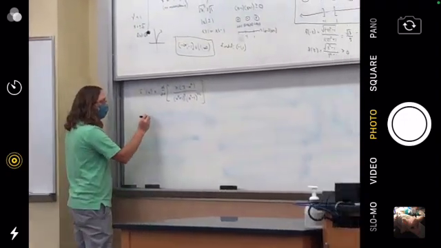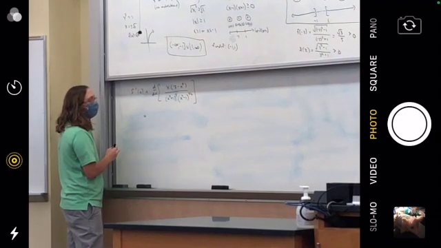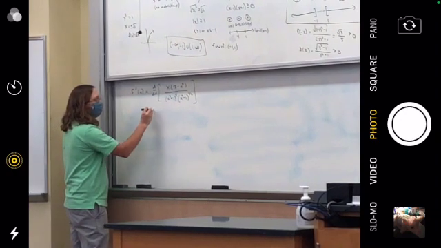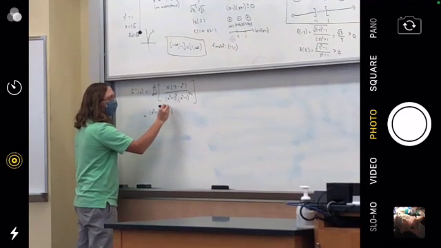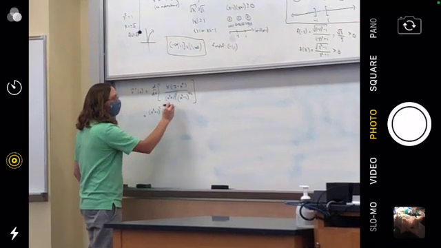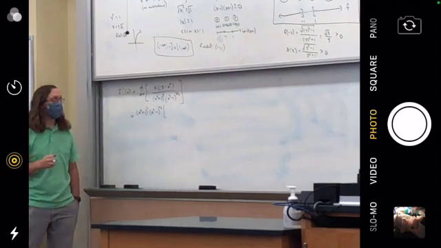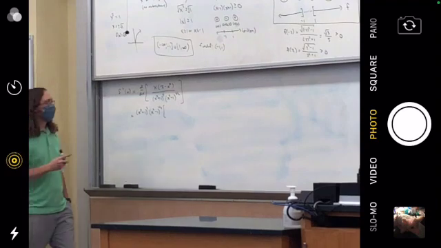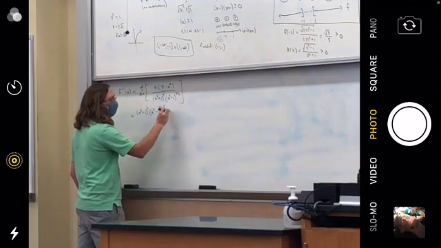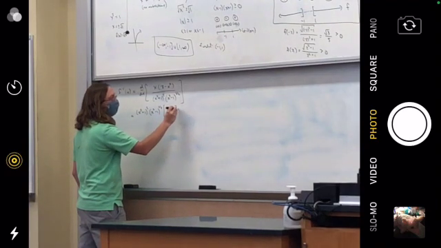We've done this before class, no, I don't want to do it during class. So what is that? Take the bottom function, multiply by the derivative of the top. When I get the derivative of the top, what do I need to do? Product rule. So product rule will give me this.